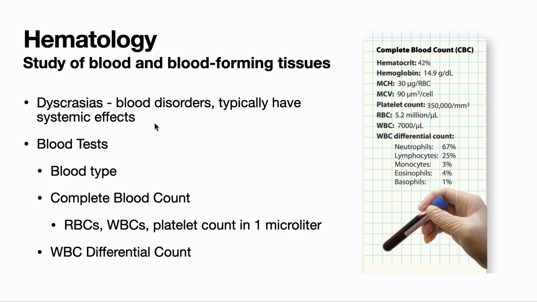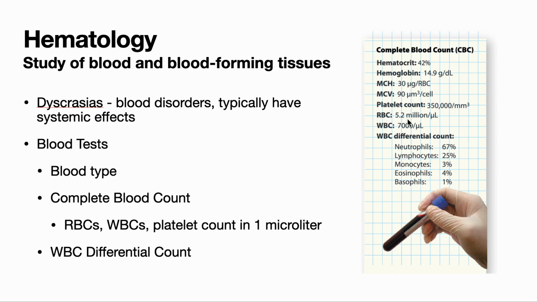So over here on the right, we have this complete blood count. This is sort of what a normal blood test might reveal. So you can see here's our hematocrit, or the packed cell volume, at 42%. So the whole blood was spun, or centrifuged, and fractionated into its parts. So 42%, which would be a normal range. Our hemoglobin, and if we look down here, we have our platelet count. This looks normal.